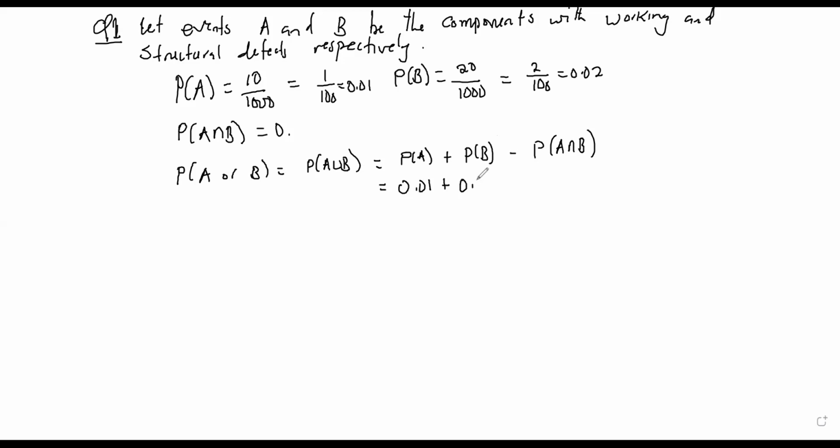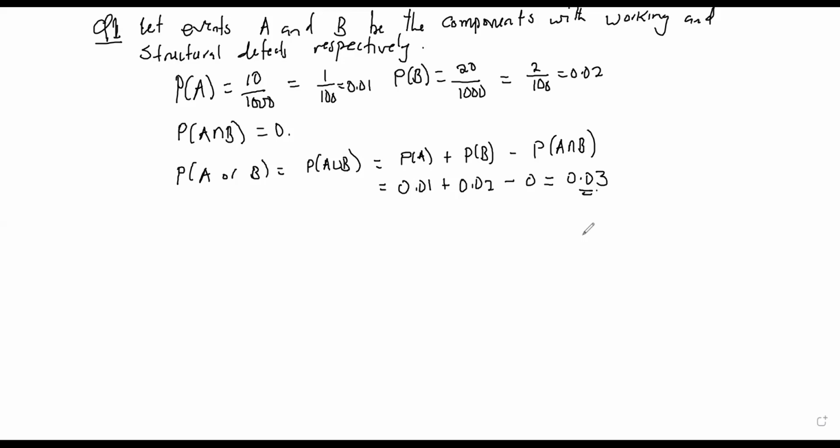The probability of B, 0.02. For the intersection, it's 0, giving us 0.03. This is how you answer this question.